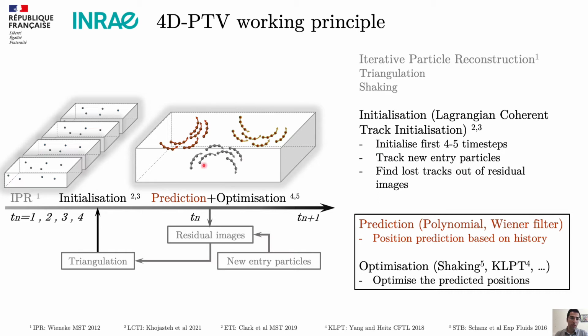Now we talk about prediction. What we saw in the literature was to use polynomial or Wiener filter predictors, and today we would like to see if it is possible to add more physics into the predictor function to make the optimization more robust. This process continues iteratively until all the tracks are tracked for the next time step Tn+1.